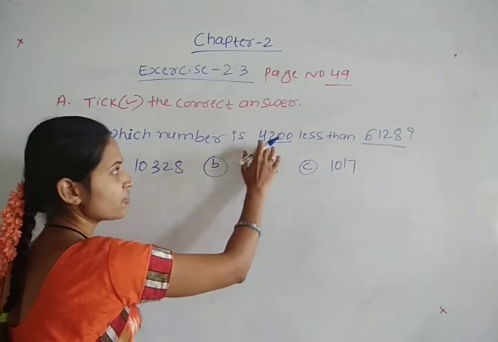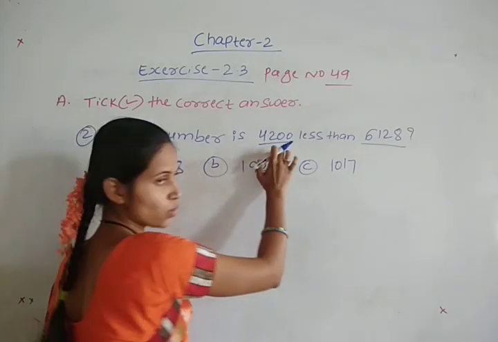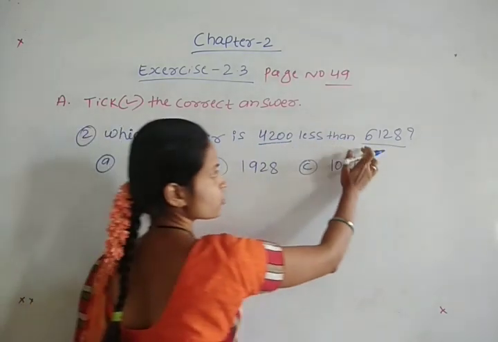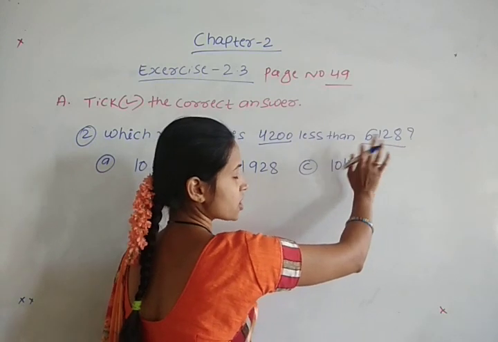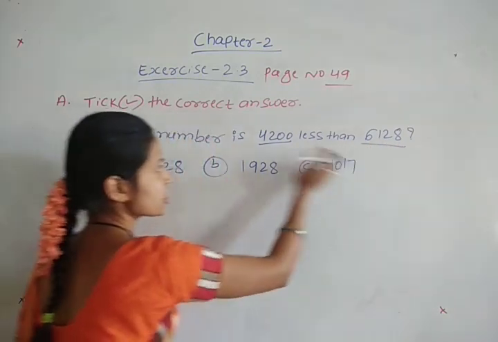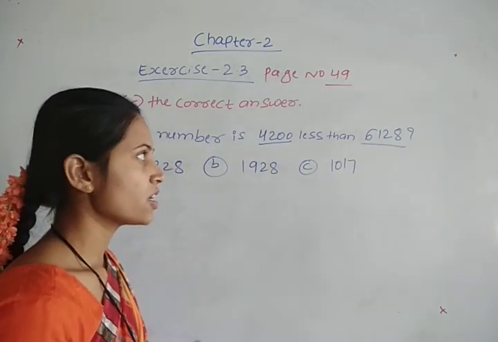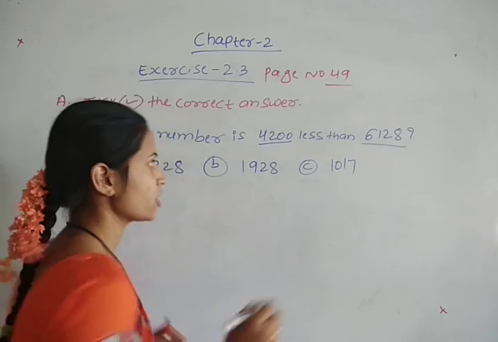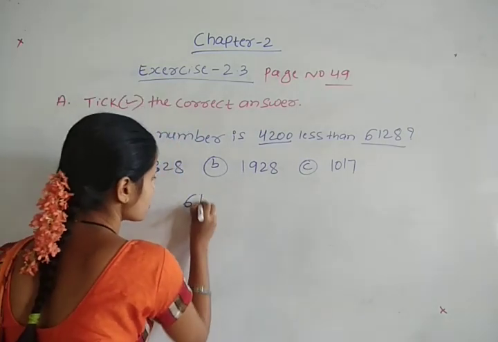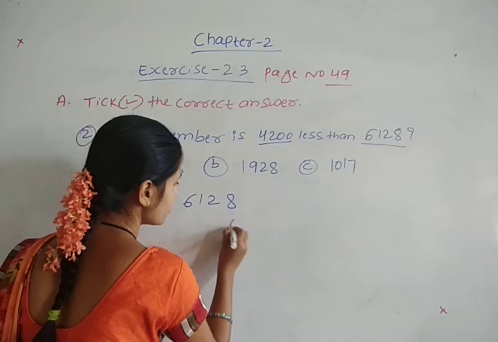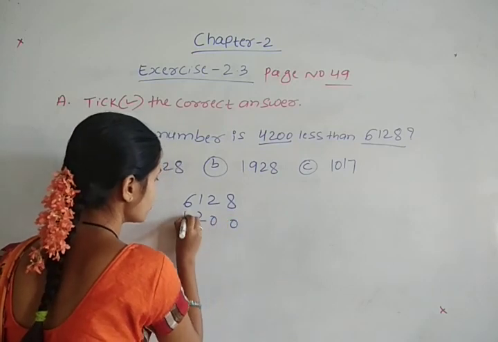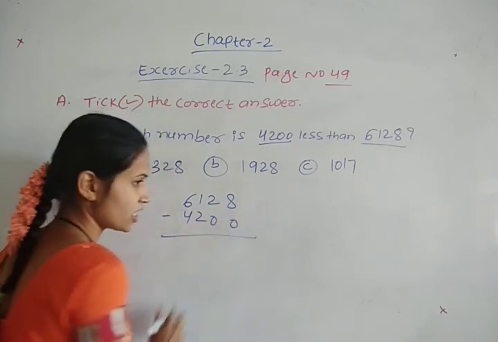For that I will subtract this 4200, which is smaller, from this 6128. Now let us subtract. I have written 6128. Below that I will write 4200. Okay, now let us subtract.